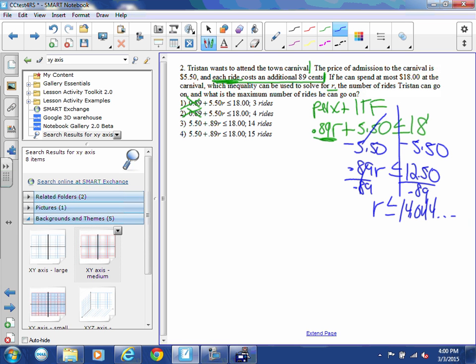So what's the biggest number that's less than or equal to 14? 14. It's not a matter of rounding. You have to choose the biggest number that's less than or equal to whatever amount you get.